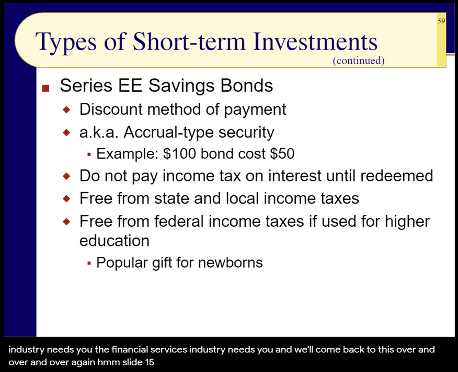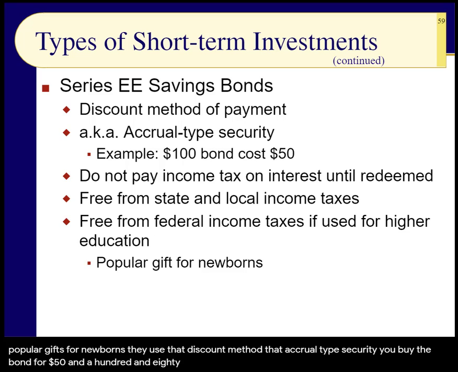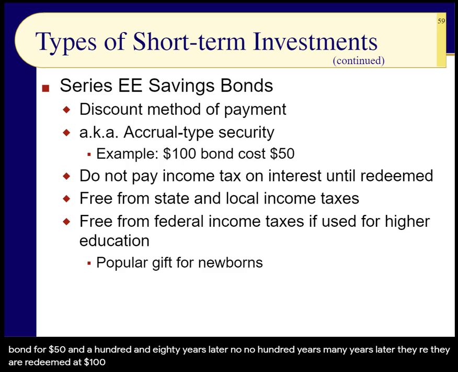Slide 59. What about savings bonds? I'm not a big fan of these. But that doesn't mean they don't make popular gifts for newborns. They use that discount method, that accrual type security. You buy the bond for $50 and many years later, they are redeemed at $100.